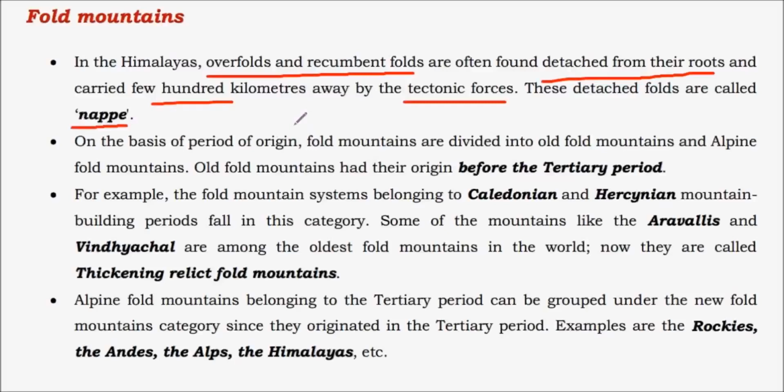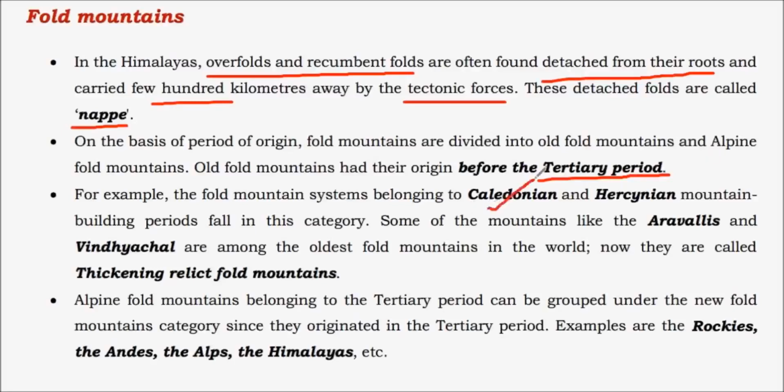And on the basis of origin, fold mountains are further divided into young fold mountains, old fold mountains, and very old fold mountains. The mountains that formed in the tertiary period are called young fold mountains, and the mountains that formed before the tertiary period are called old fold mountains and very old fold mountains.